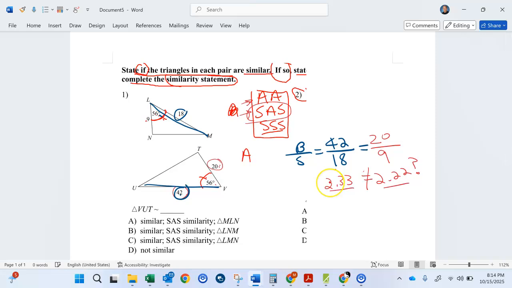So even though they both have side angle side, 42 divided by 18 needs to be exactly the same as 20 divided by 9, but it's not. That means these are not similar because they don't have the same ratio when I take what I think might be corresponding sides. Okay, so that one is not similar.